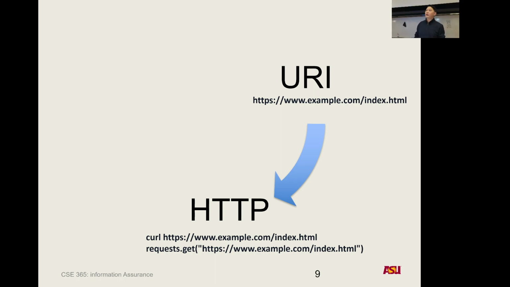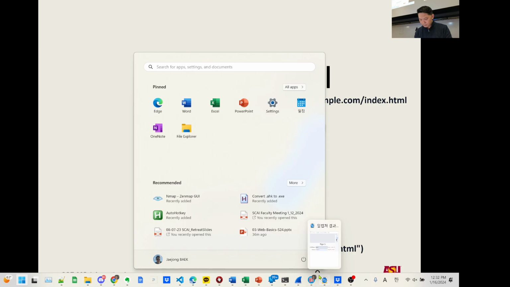So you can specify the parameters and the curl commands. You can make the HTTP request in this way. Another way, you can use the Python library. The library is named requests. How to create?